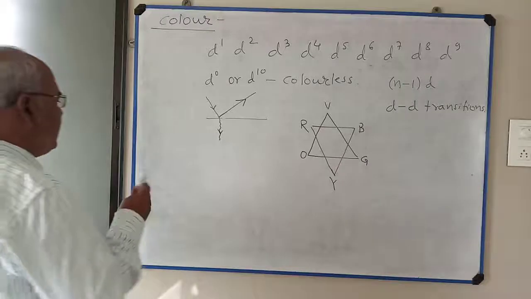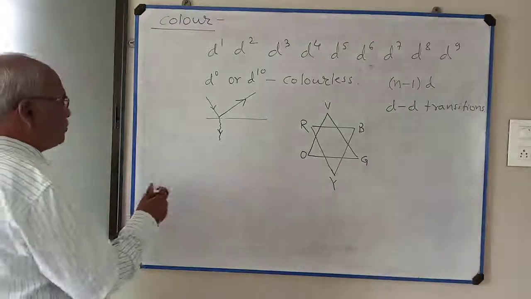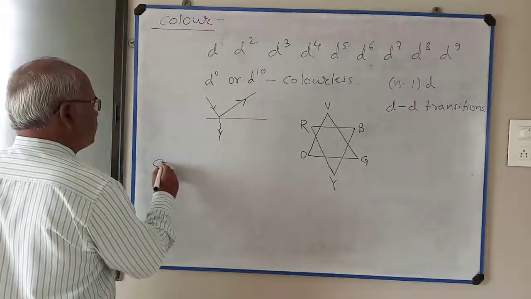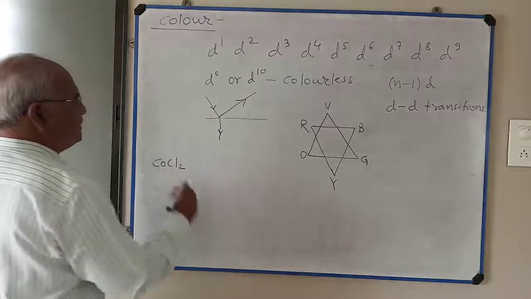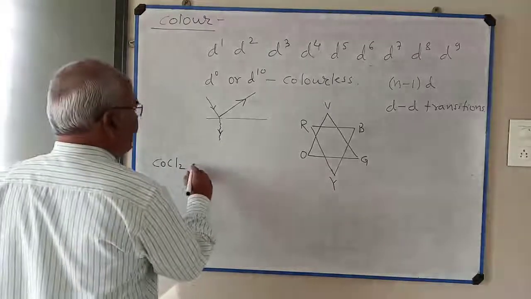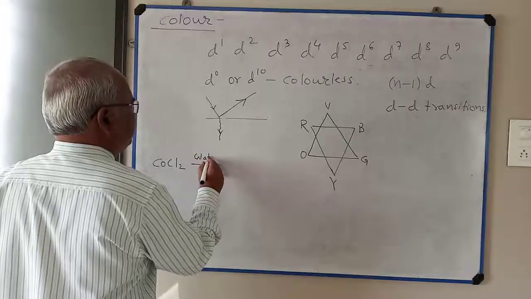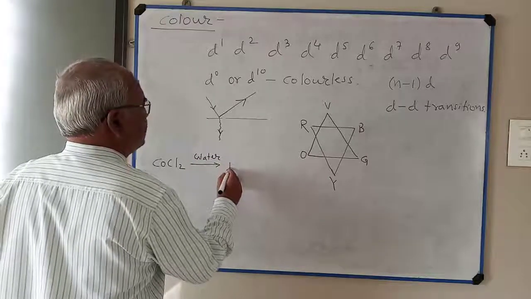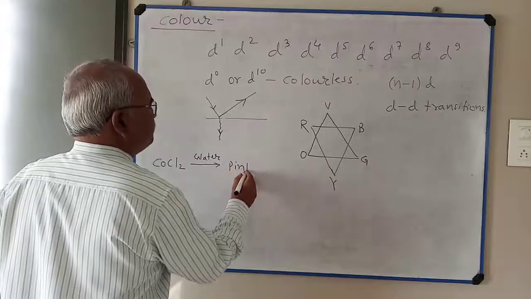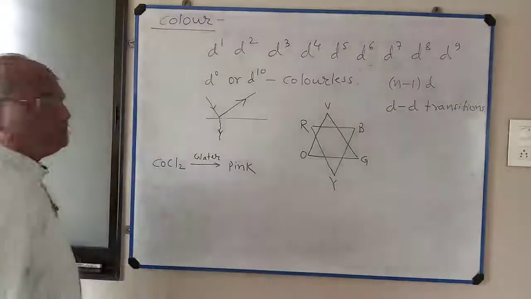Look here, I am going to write one compound, cobalt chloride. When it is added in water, it acquires a pink color.